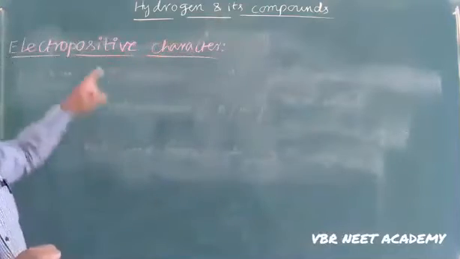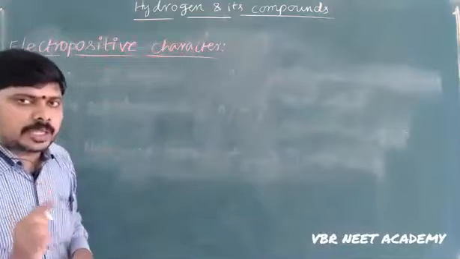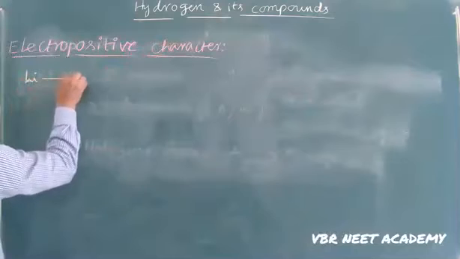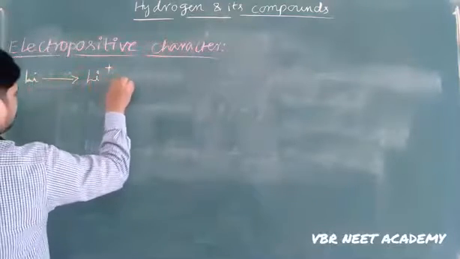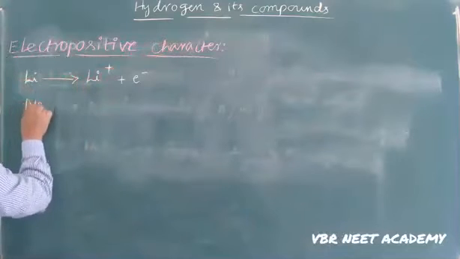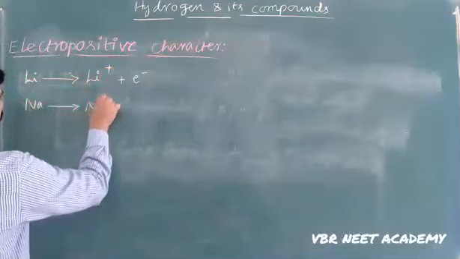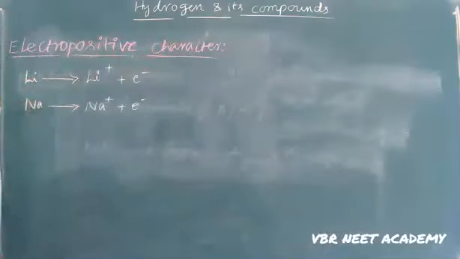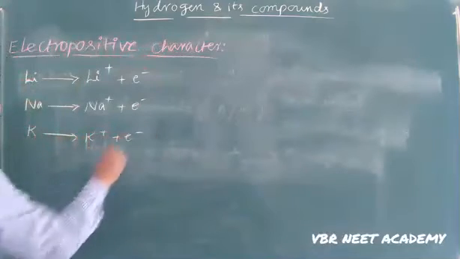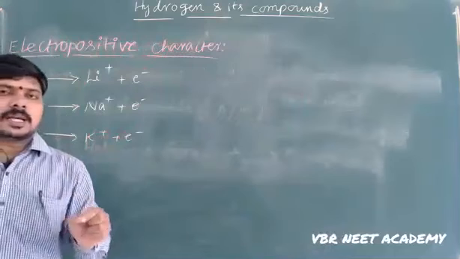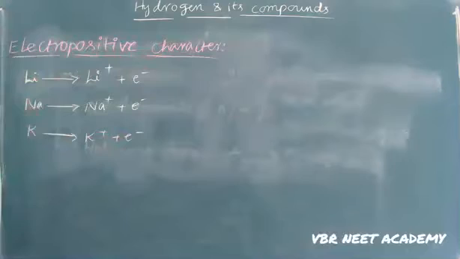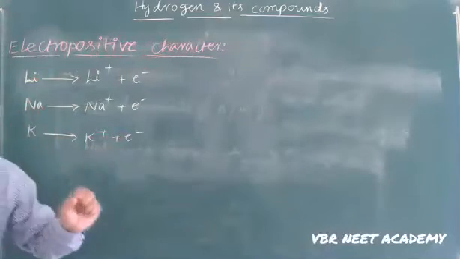When we take electropositive character, all your alkali metals, lithium readily forms Li plus and an electron, and next we take sodium, Na plus and an electron, potassium, K plus and an electron.